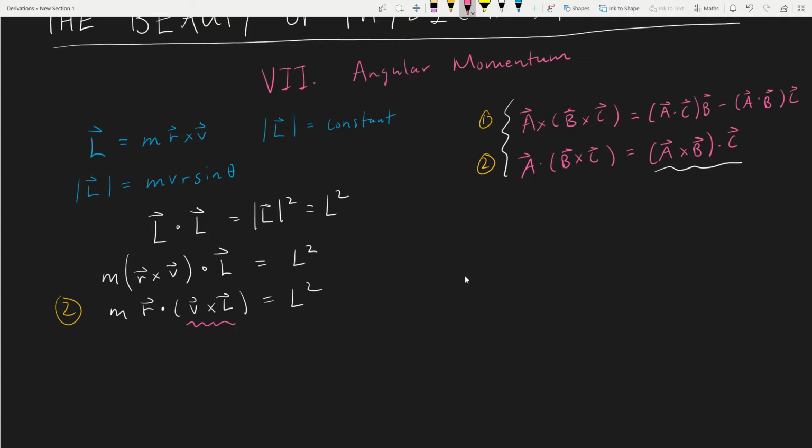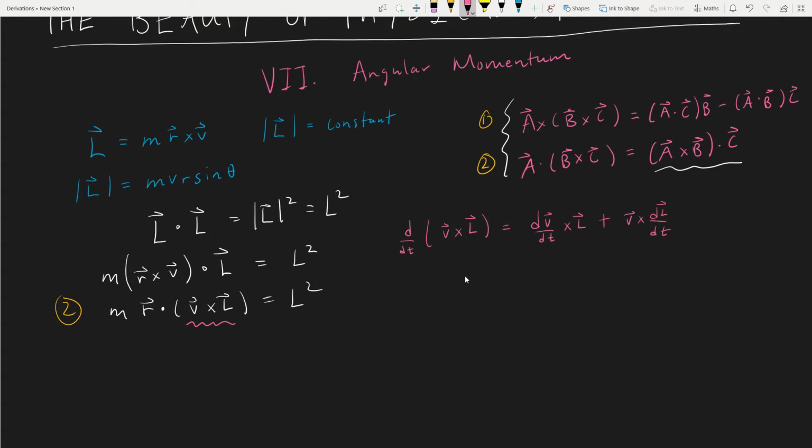The way we're going to do it is possibly even more convoluted. We're going to take the time derivative of v cross L. There's a product rule of differentiation that applies to cross products: you take the time derivative of v first, so you get dv by dt cross L, and then you add v cross dL by dt.